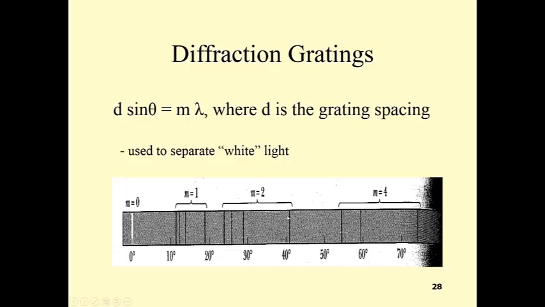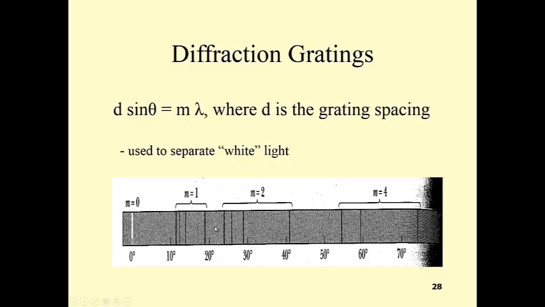Even though we talked about slits and then hairs, we can also have a number of slits, and a number of slits are called diffraction gratings. A simple example of a diffraction grating is when you look at a CD: you can see the reflection and the diffraction of light off it, and it forms a rainbow.